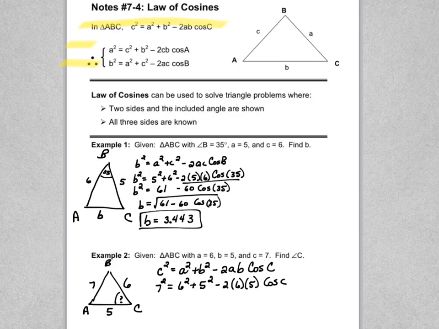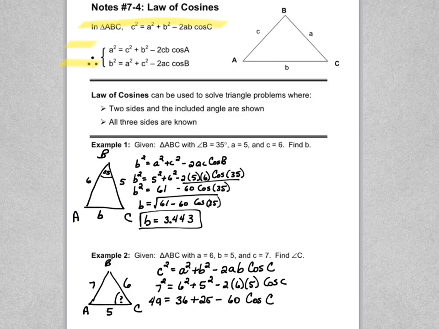Okay, so 49 is equal to 36 plus 25 minus 30 times 2 is 60 times the cosine of C. Okay, now we can bring over, we have 49 minus 36 minus 25.